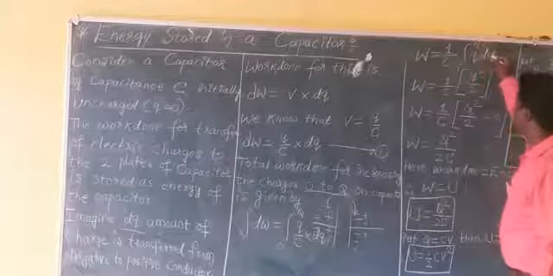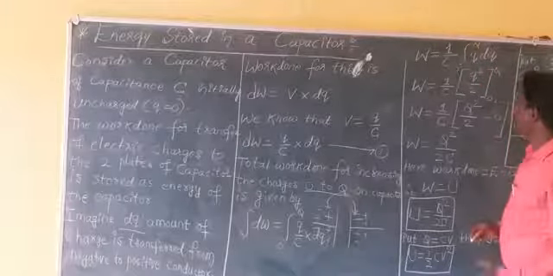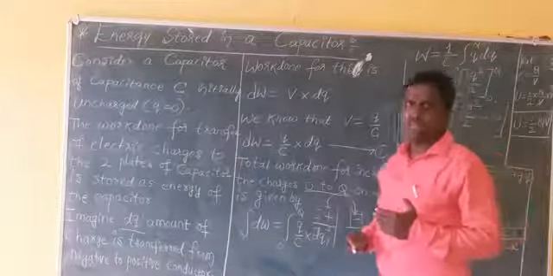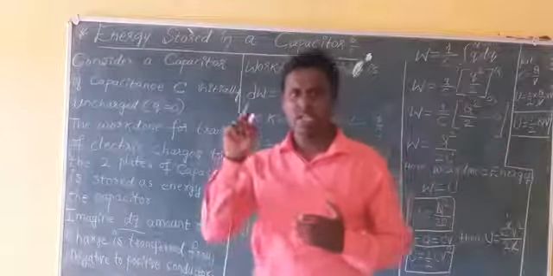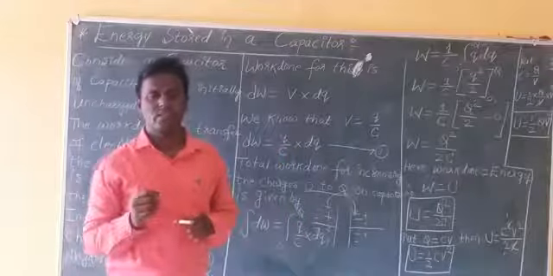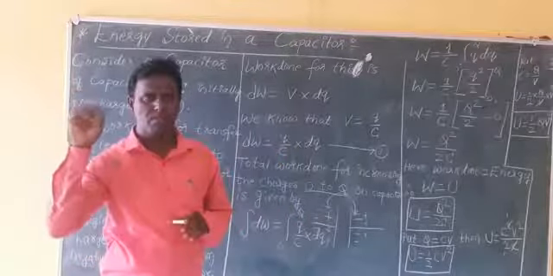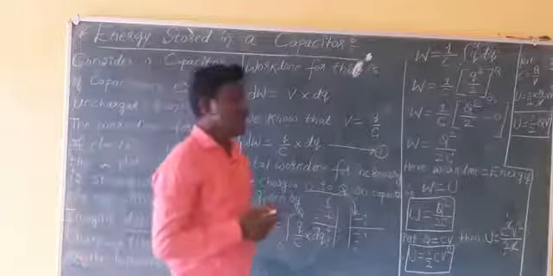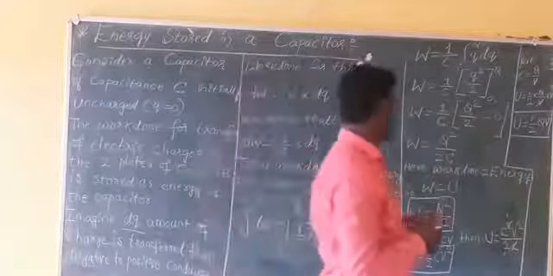Integration of Q into dQ. The integration of x to the power n into dx is x to the power n plus 1 by n plus 1.